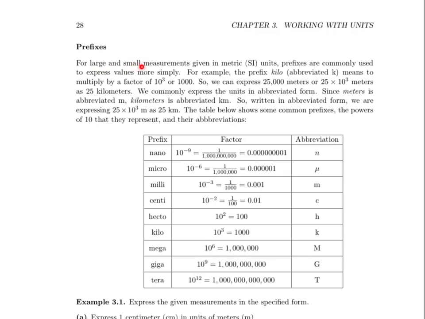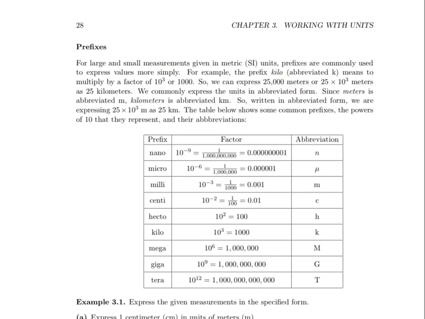For large and small measurements given in metric or standard international units, prefixes are commonly used to express values more simply. For example, the prefix kilo, which is abbreviated with a K, means to multiply by a factor of 10 cubed, or 1,000. For example, let's take 25,000 meters. That's a fairly large measurement.